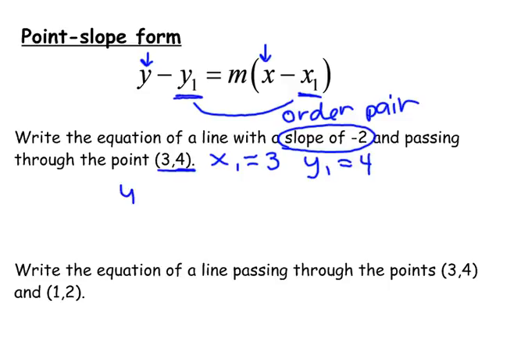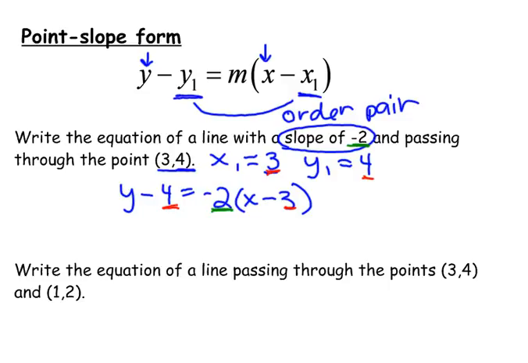We're going to have y minus y1, which is 4, equals our slope, -2, times x minus x1, which was 3. So we had 3 and 4. Those came from our ordered pairs. This is getting very colorful. And our slope was given to us from right here. And you'll see the x and the y stay the same.